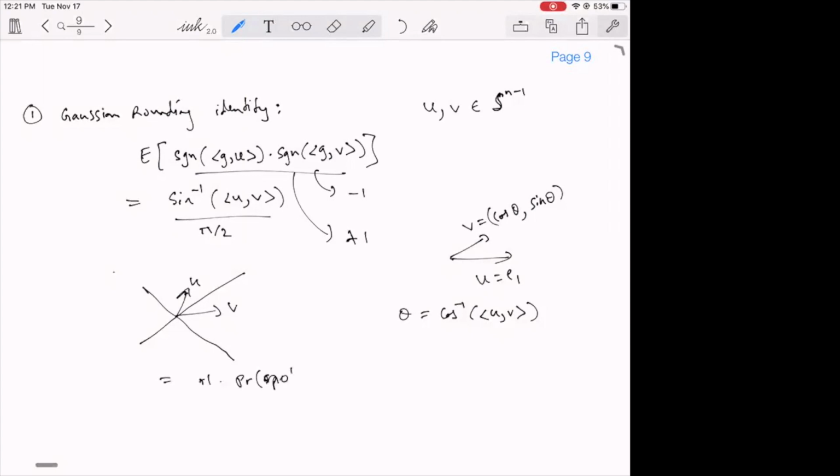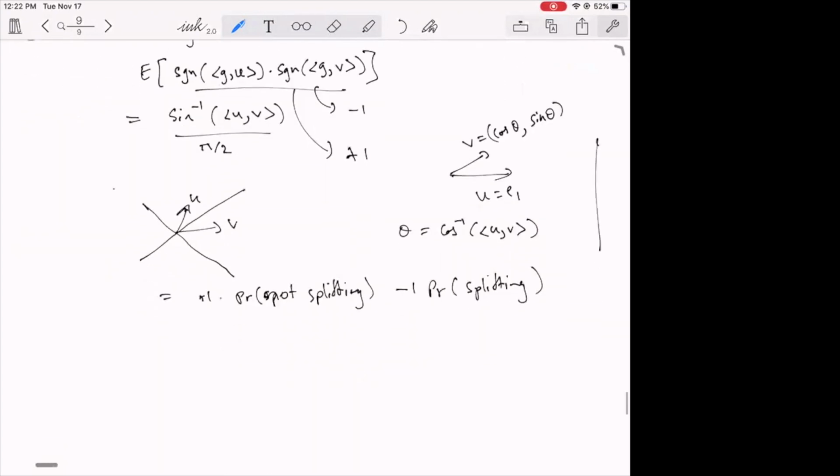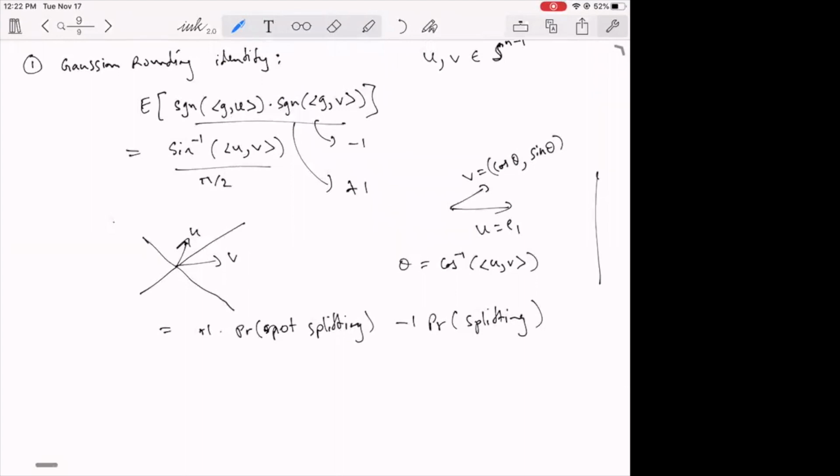The probability that a randomly chosen line splits two vectors is a function of just the angle between the two unit vectors, and a simple calculation, which I'm not going to write down, yields this identity.